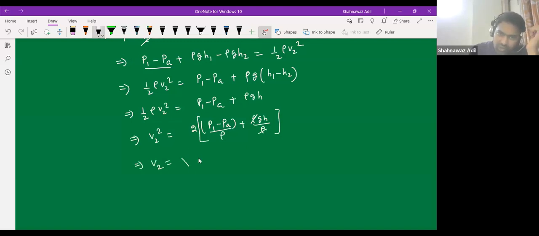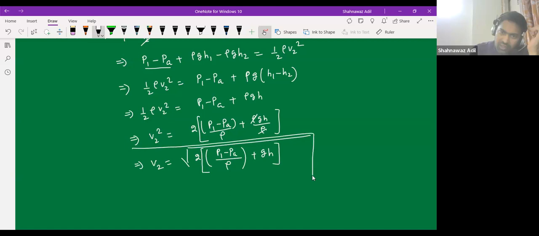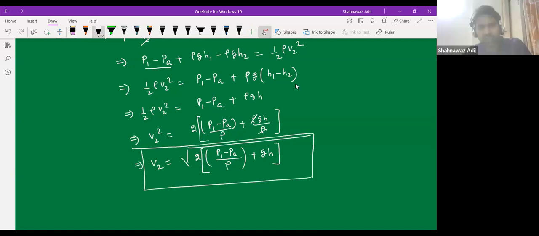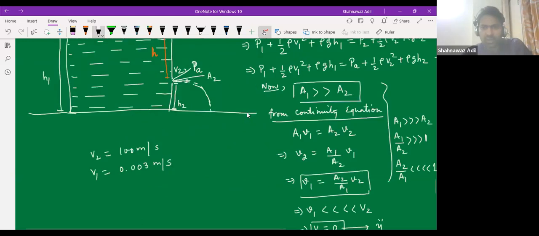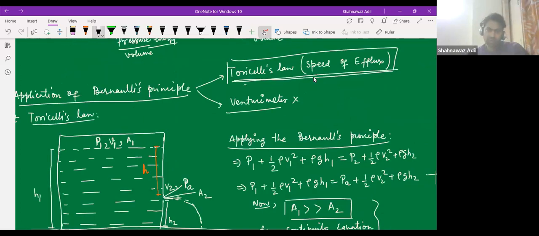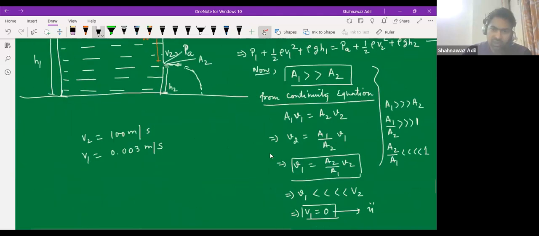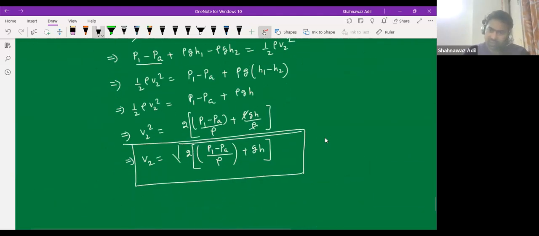This would be root of 2 times the bracket P1 minus PA by rho plus g H. So this is the speed with which the water will come out of this hole. This is called the speed of efflux.